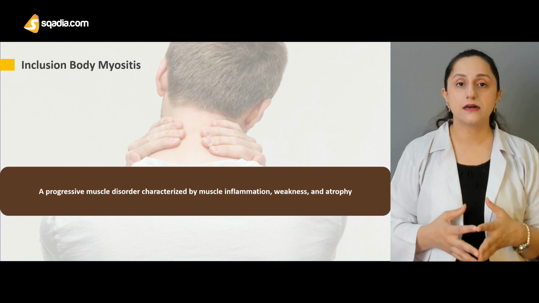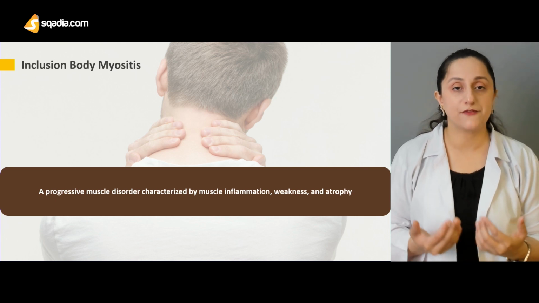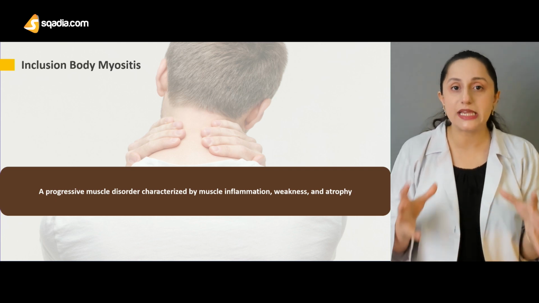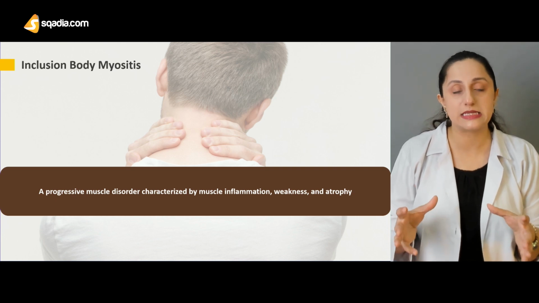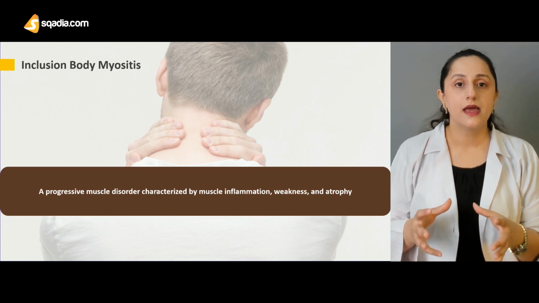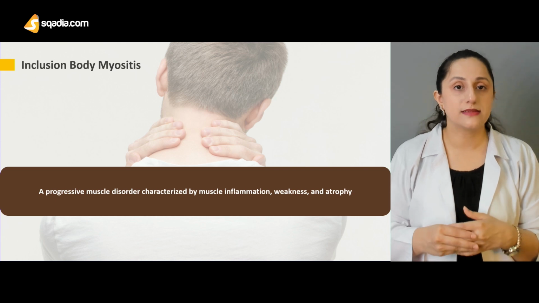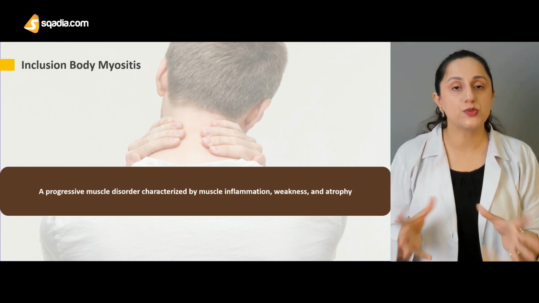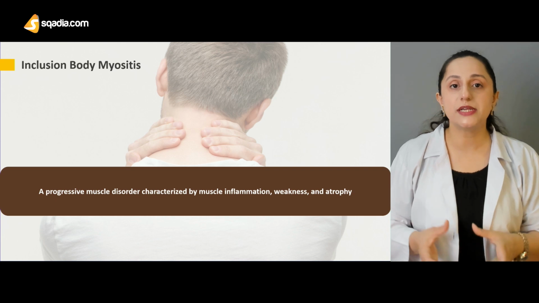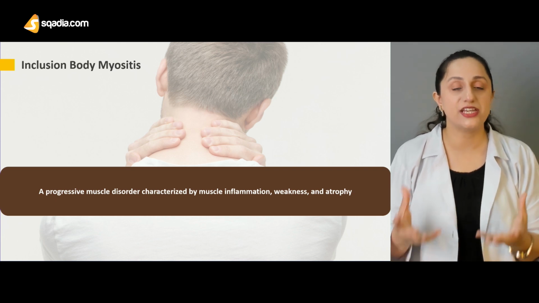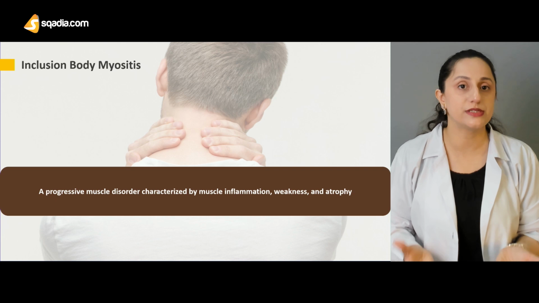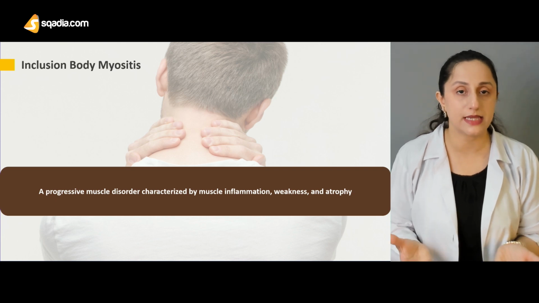Now, a lot of research has been carried out, and the age group that is usually affected by inclusion body myositis is between 50 to 70 years. So this is the age group that is more prone to the development of inclusion body myositis.